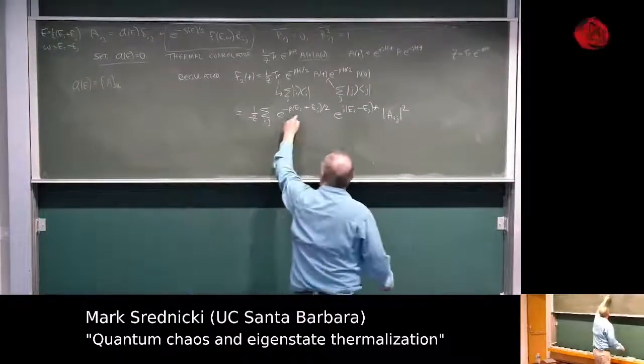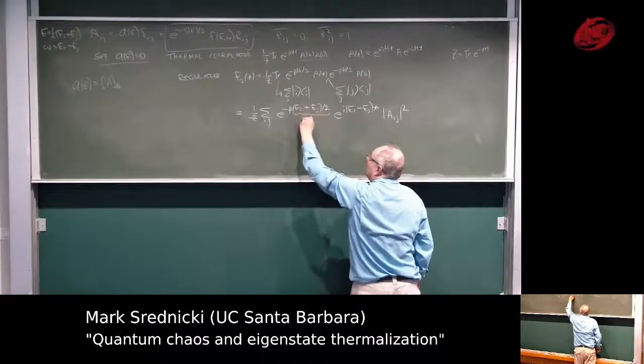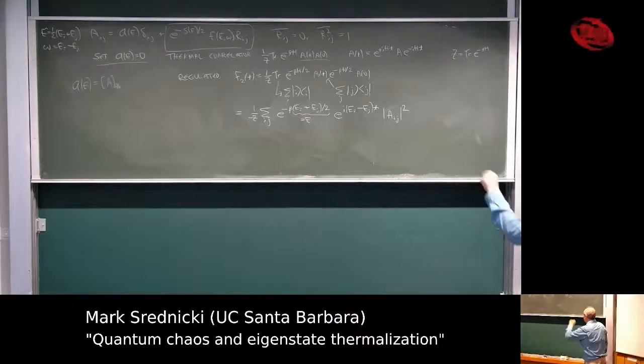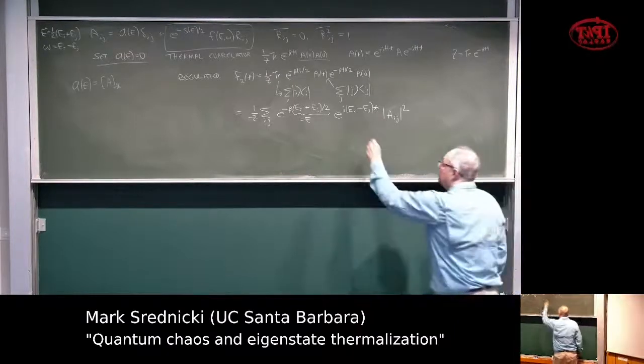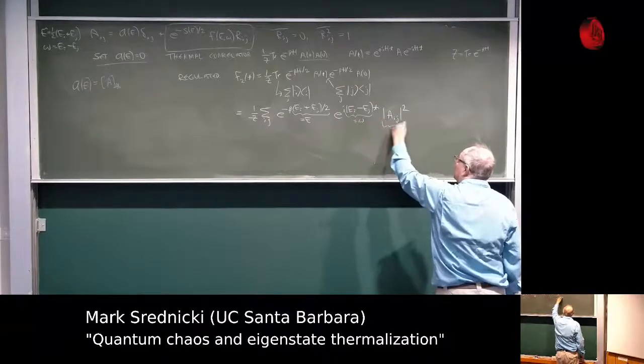And so by splitting up the e to the minus beta H, we just get the central energy E. And this is omega.